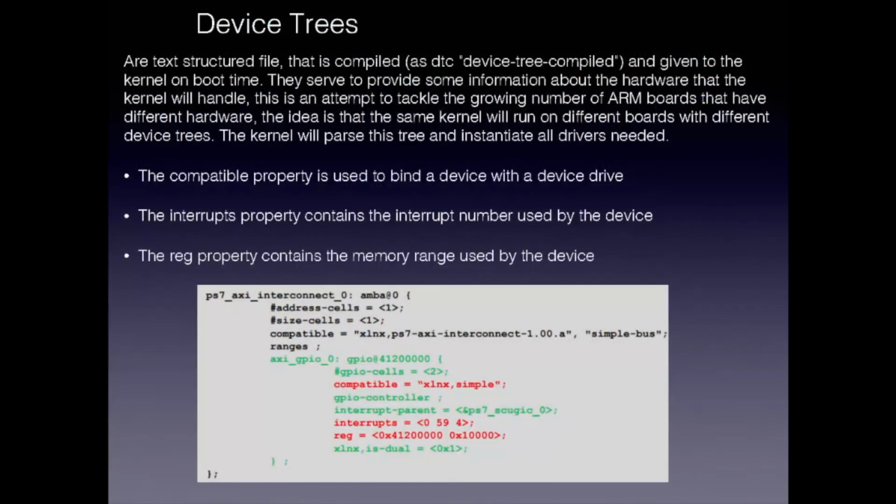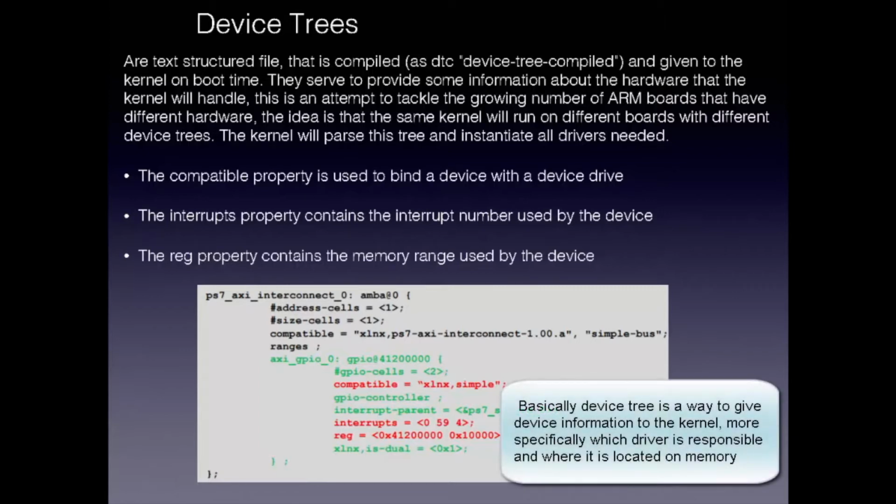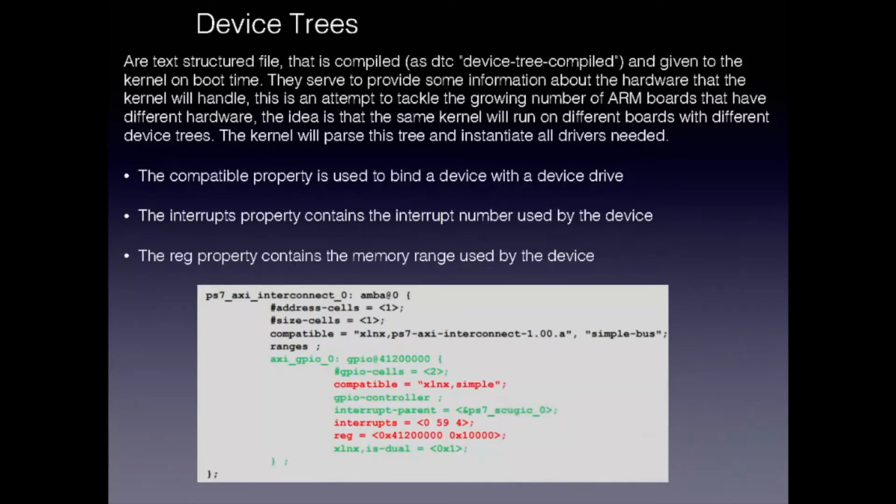Guys, so continuing our class about device drivers, now let's go to the topic of device trees. I'll read the text, then I explain a little bit better to try to give you the best knowledge that I can about this. So, device trees.